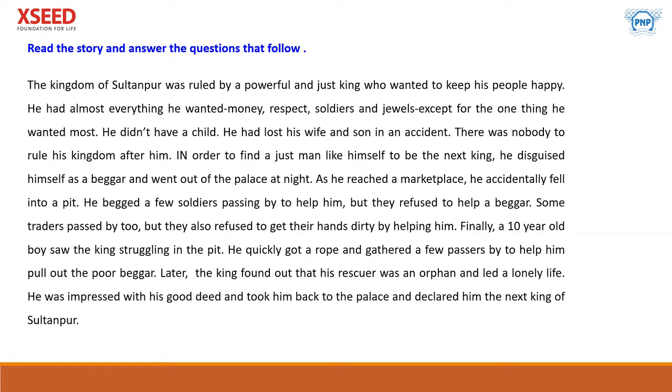Let's start. The kingdom of Sultanpur was ruled by a powerful and just king who wanted to keep his people happy. He had almost everything he wanted: money, respect, soldiers, and jewels, except for the one thing he wanted most.